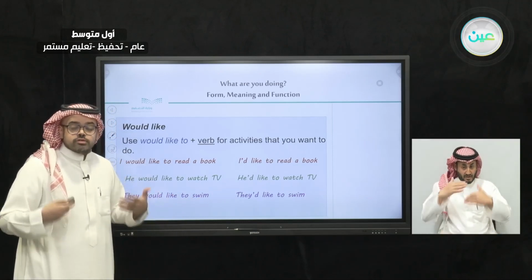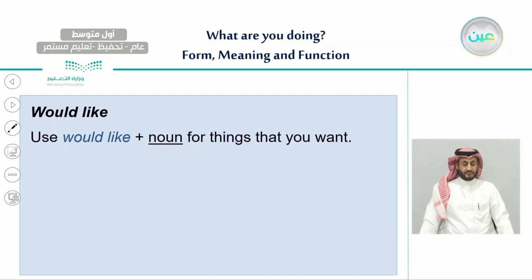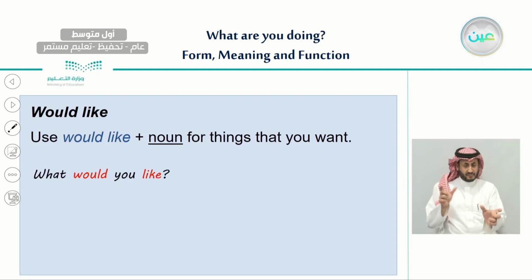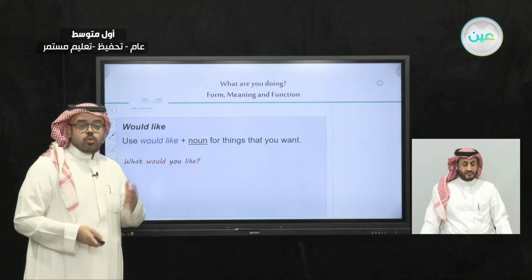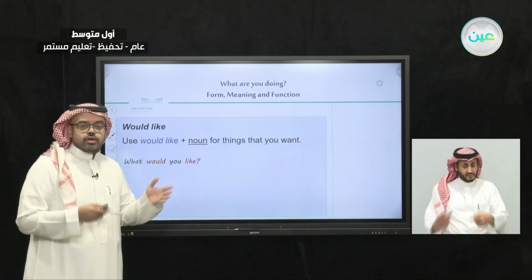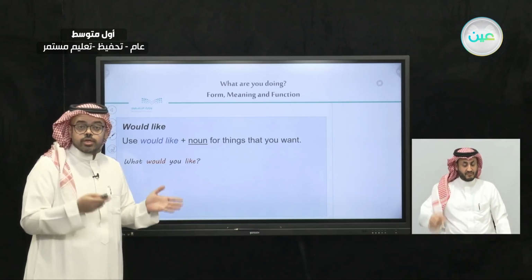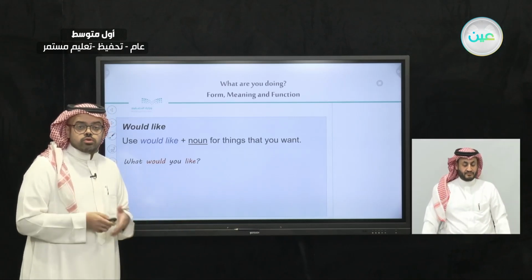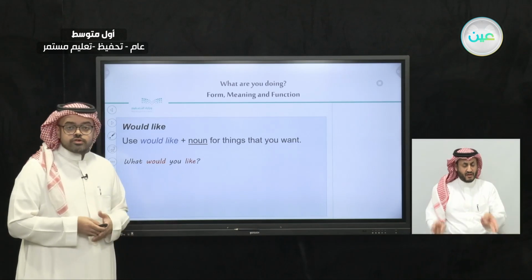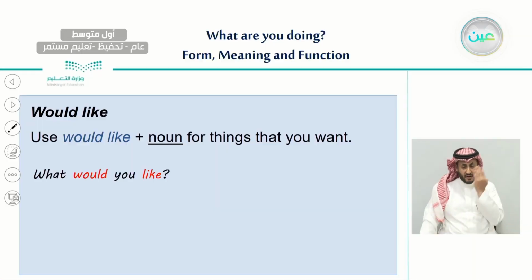And also here, how to make a question with would like, we have two kinds of questions. We have the information question that starts with a wh-question word, or the yes or no question. Let's read the first example here. What would you like?